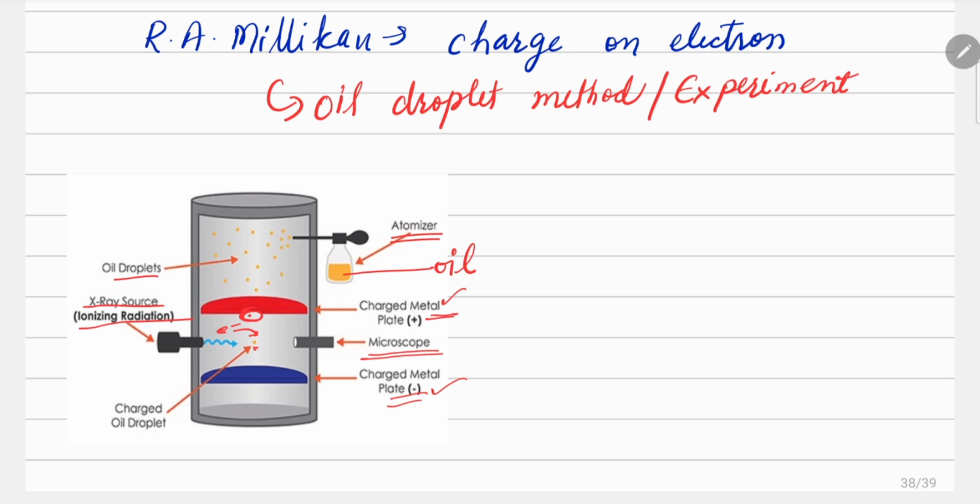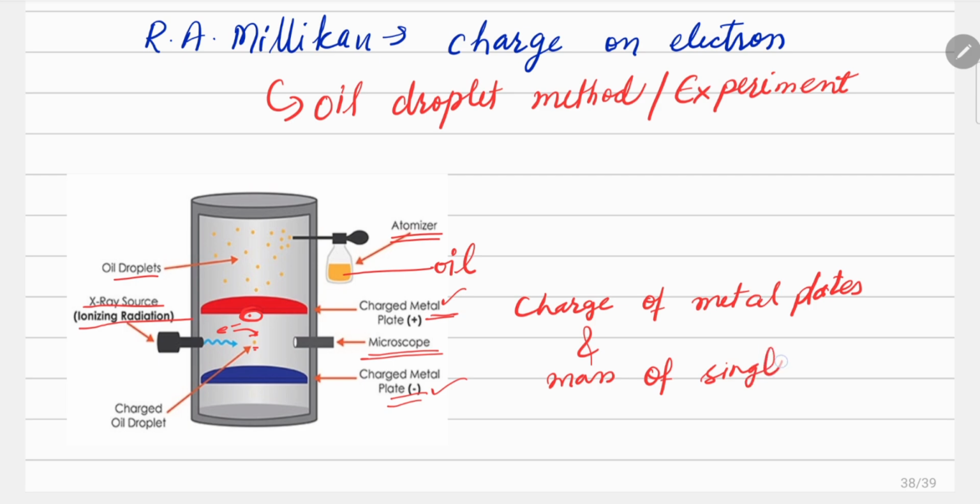Now the charge on the oil droplet, the charge on these metal plates, and the mass of the oil droplet, we are talking about a few things. He maintained the charge on the metal plates. These are electric metal plates. So the charge on these metal plates and the mass of this single oil droplet were obviously measured.